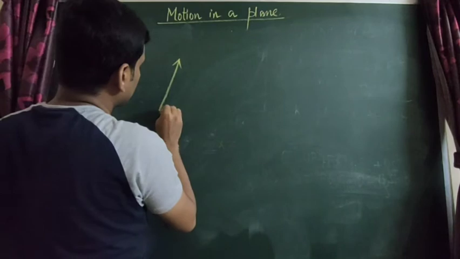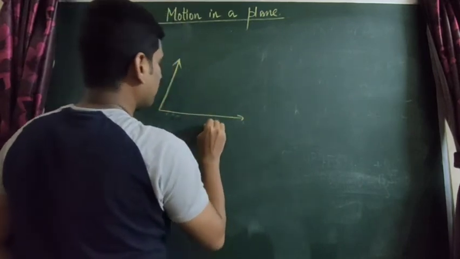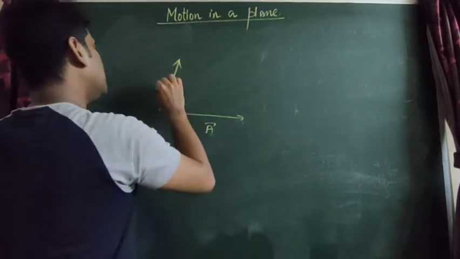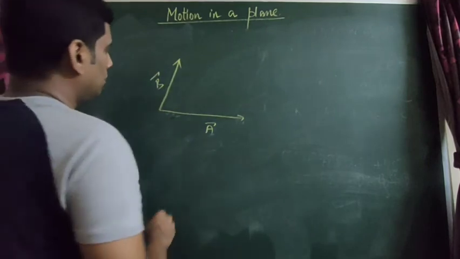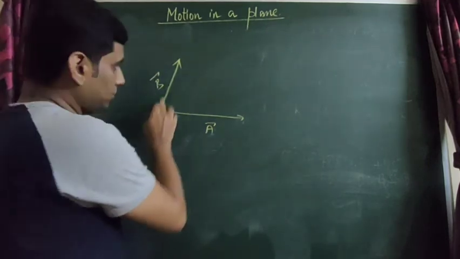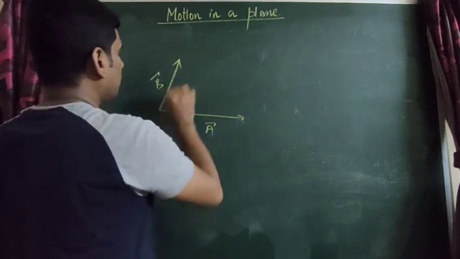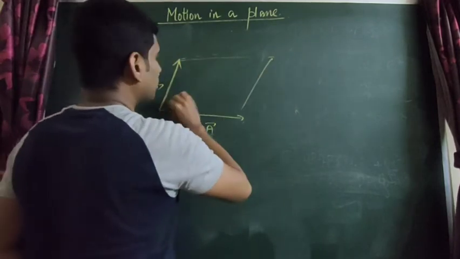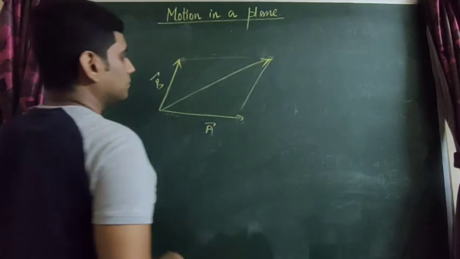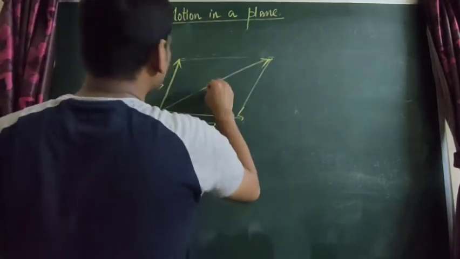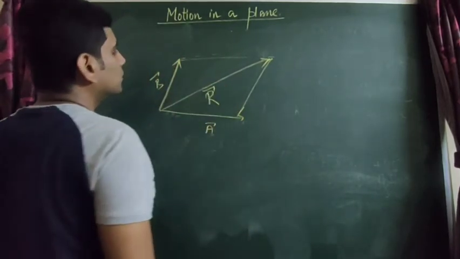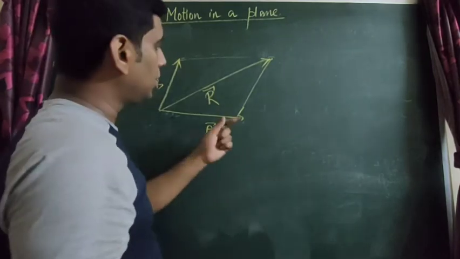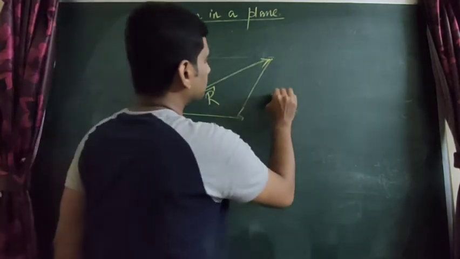Suppose this is A and this is B, drawn from the same point, and we are adding them. If we complete a parallelogram with these, then the diagonal of this parallelogram gives the resultant of the two vectors. Okay?